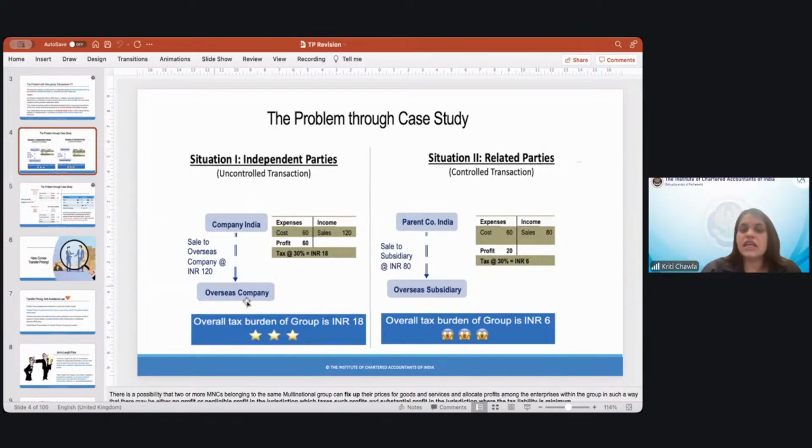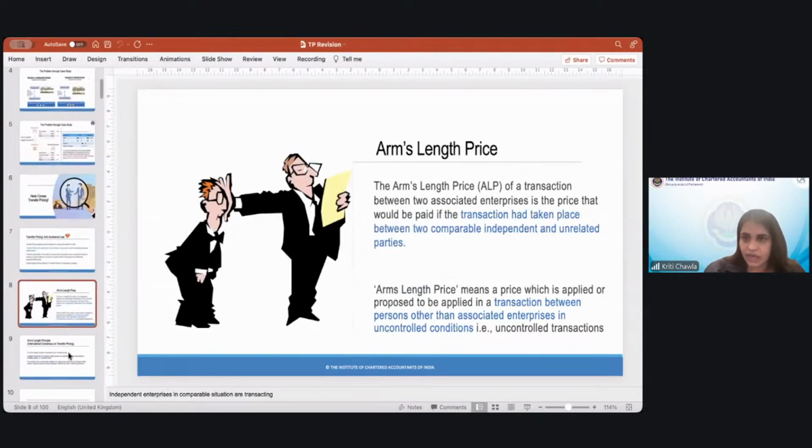If this is an India-USA kind of situation, this should also be an India-USA kind of situation. If this company is a manufacturer, this related company should also be a manufacturer. So you want to compare these two situations, and they should be identical if you want to adopt 120 rupees as the arm's length price.